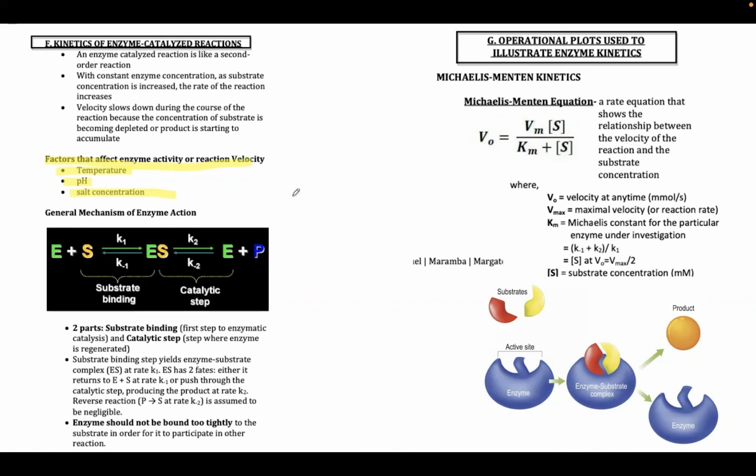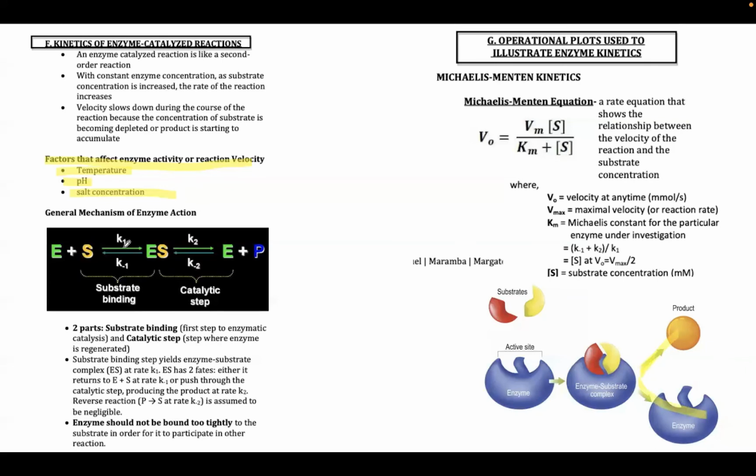So, katulad po ng nasa picture natin dito. Okay? When a specific substrate combines with your enzyme, it will form an enzyme substrate complex that will eventually become a product and then will form a new enzyme again. Okay?